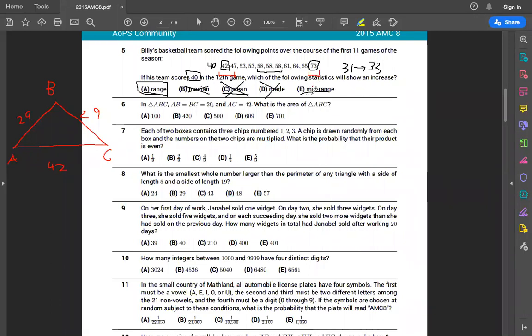So the middle of the range, right? And when we added the 40, that actually lowers the mid-range because the range now has the same highest number but a lower lowest number. And that's going to bring the middle downwards. So I hope that answers your question.